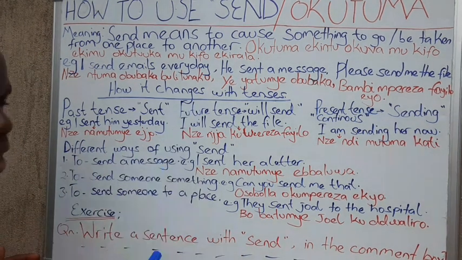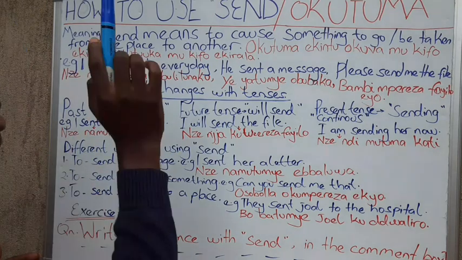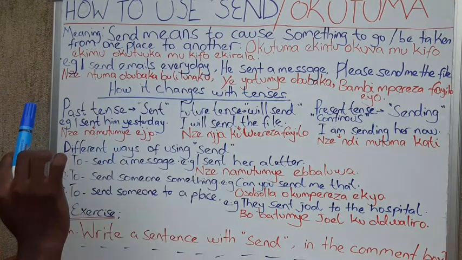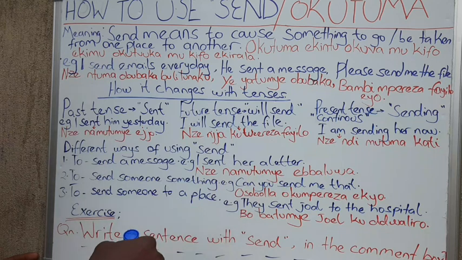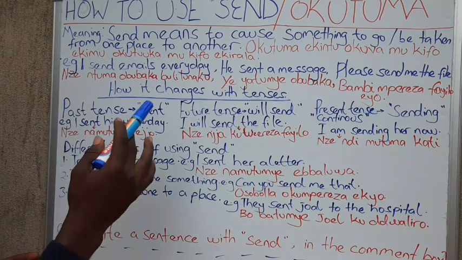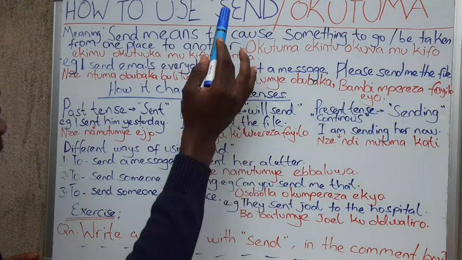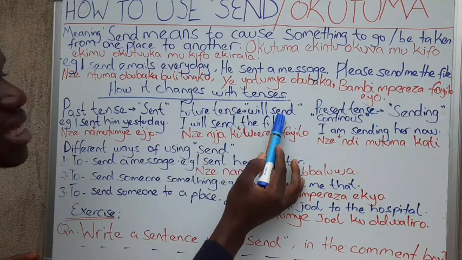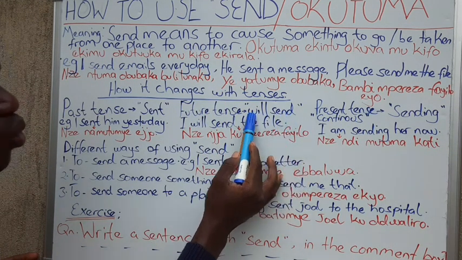Let's go to the future tense. With the future tense, we use a root word will, because something is not yet happening, will happen in future. So send changes to will send; we add on this root word will.